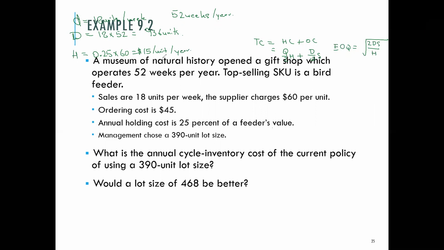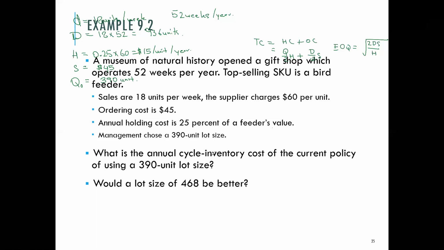Right? Okay. And then it says the ordering cost is 45. So we directly have the ordering cost. I'm just going to write here. And I know this is getting a little messy, but when I go to the next slide, it will be clear. And management chose a 360 unit lot size, a 390 unit, sorry. So right now, Q naught, I'm just going to write it Q naught, this is 390 units.